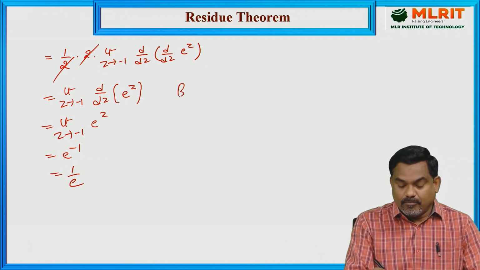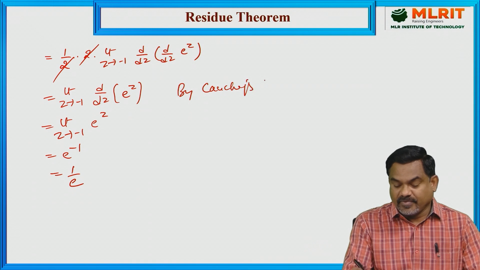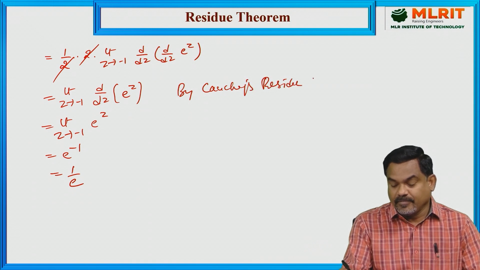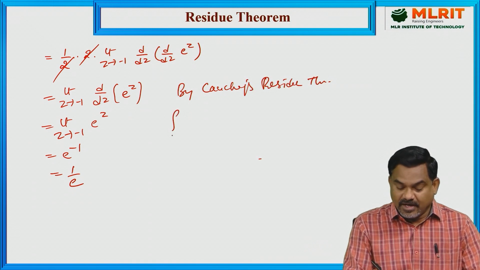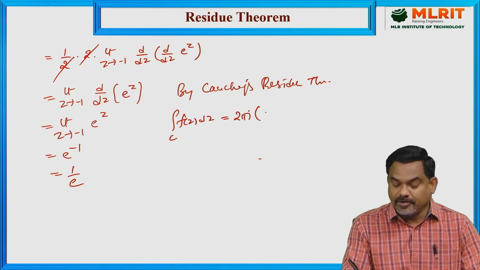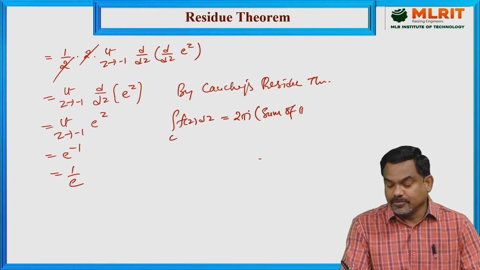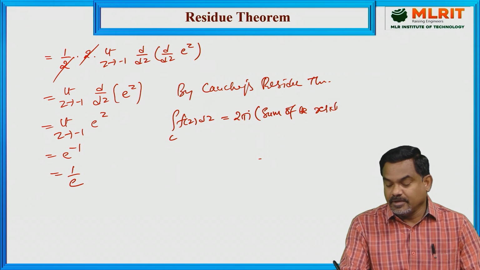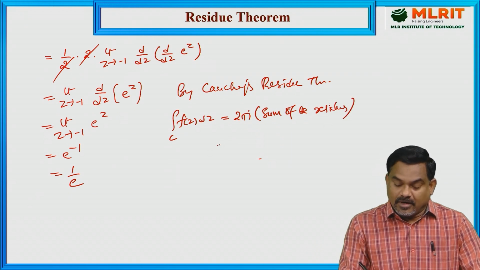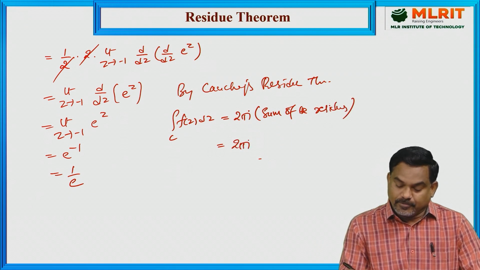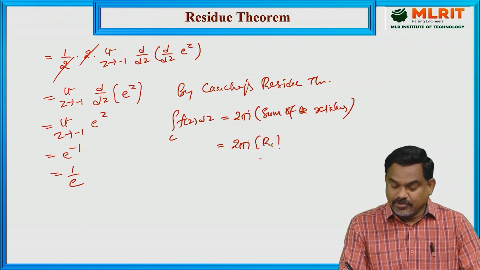Now by Cauchy's residue theorem, the line integral of the function f of z dz is equal to 2 pi i into the sum of the residues. So here 2 pi i into, we have only one residue, which is 1 by e.